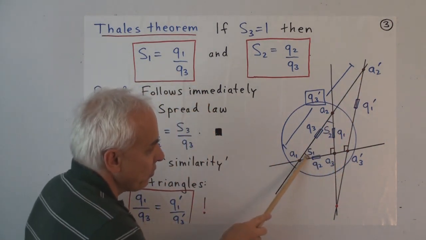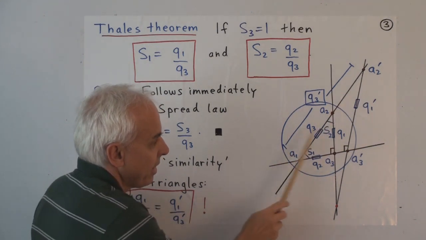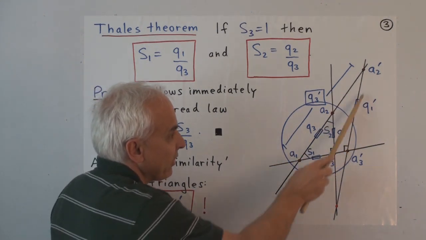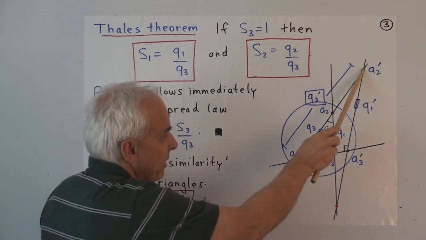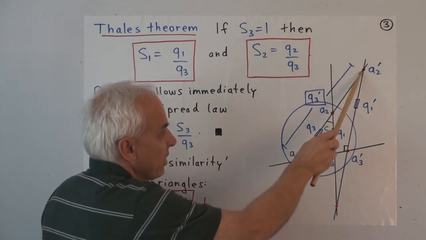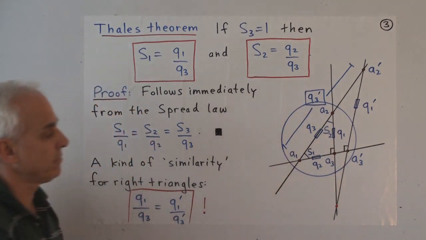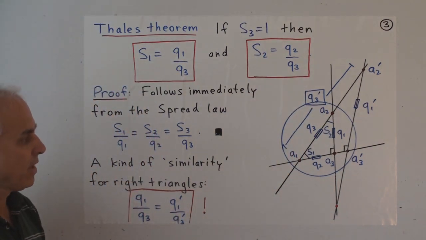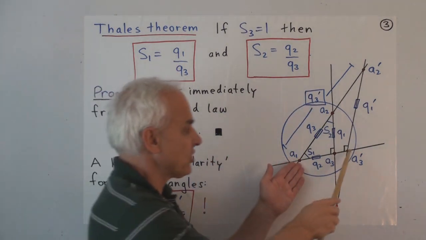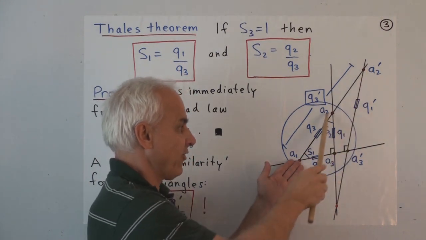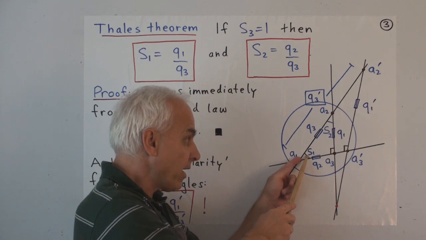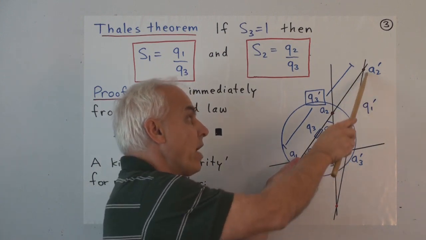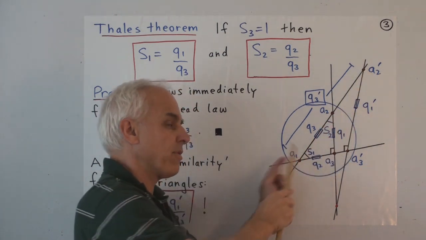The spread S1 is still the same, but now the quadrance Q1 is replaced with Q1 prime here, and the quadrance Q3 is replaced by this quadrance Q3 prime, which we denote like this. So Thales' theorem applies to this right triangle just as well as it does to this right triangle, and tells us that this spread S1 is also equal to Q1 prime divided by Q3 prime.